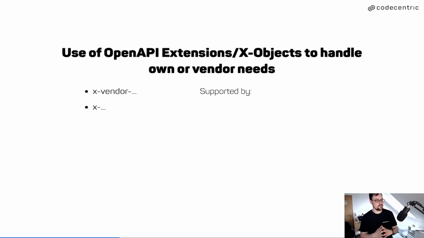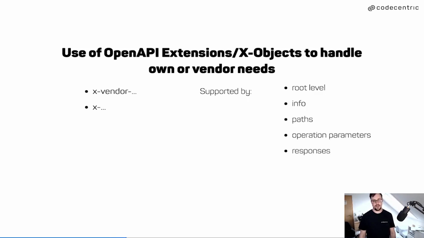So with this X-vendor, and then we have this X-, and these fields are supported on the root level, at the info level, paths, operation, parameters, responses, tags, security schemes. So we have a wide level of using these extensions.